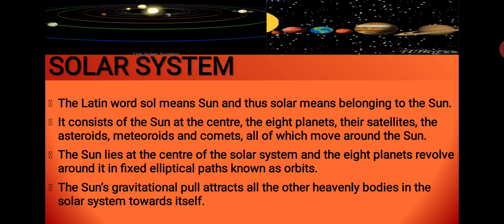It consists of the sun at the center, the 8 planets, their satellites, the asteroids, meteoroids and comets, all of which move around the sun. The sun lies at the center of the solar system and the 8 planets revolve around it in fixed elliptical paths known as orbits. The sun's gravitational pull attracts all the other heavenly bodies in the solar system towards itself.